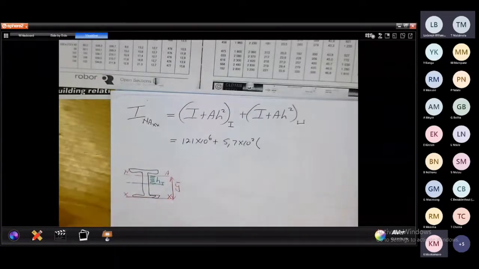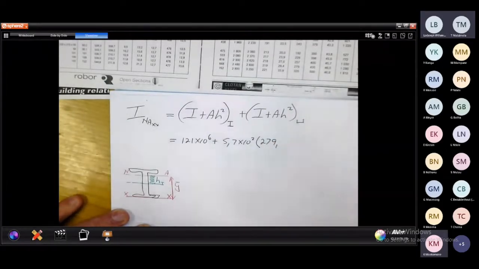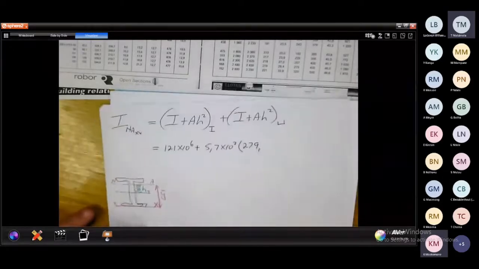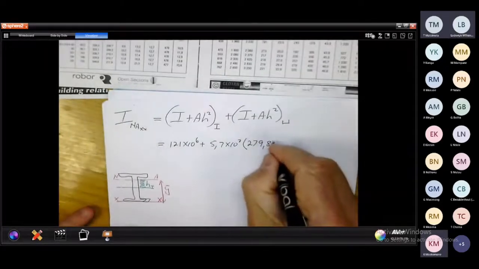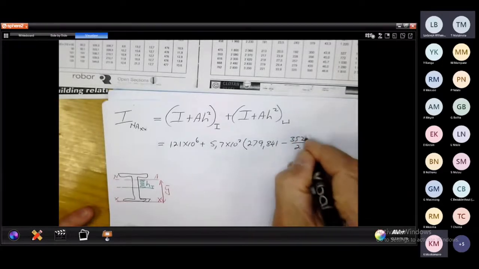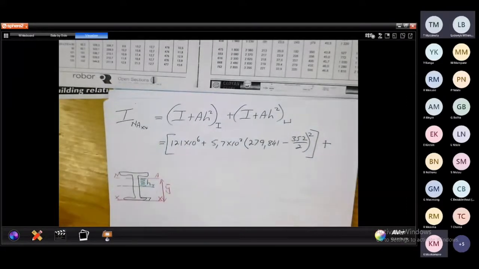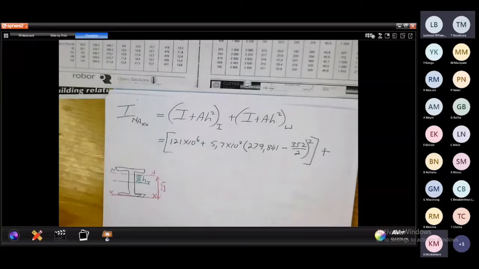As I said yesterday to you, that is your ȳ, what is 279.841 minus 352 divided by 2. Right. Everyone agree with that? Everyone agree? That is my h: ȳ minus 352 divided by 2.